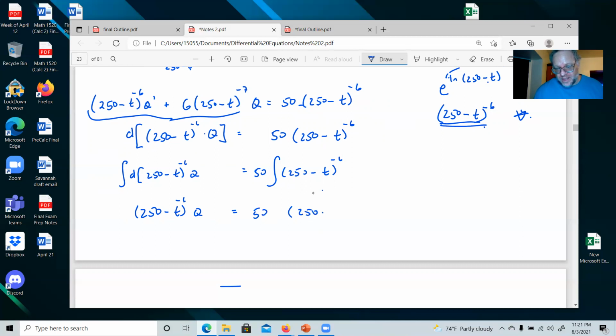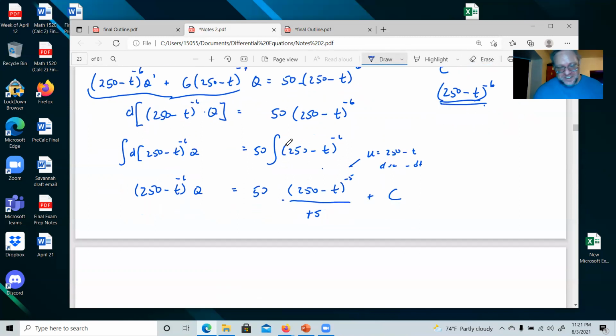So it's 250 minus t to the negative 5, divided by negative 5. But really, if there was a u here, if we had u equal to 250 minus t, du would be negative dt. So that's a positive. But don't answer yet. There's more. Don't forget the constant. Otherwise, that's your grade at best.